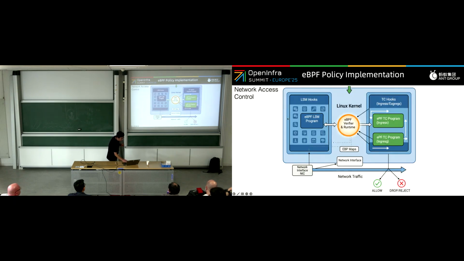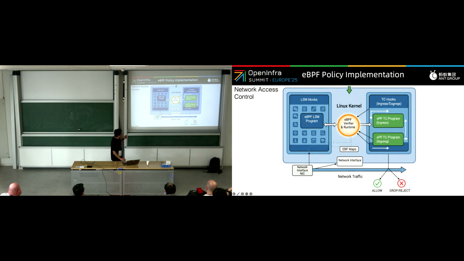So, as I said, how does the eBPF program implement network prevention? First, it will load the eBPF program, which is verified in the eBPF runtime, and it will be applied to the eBPF TC program and other LSM programs.